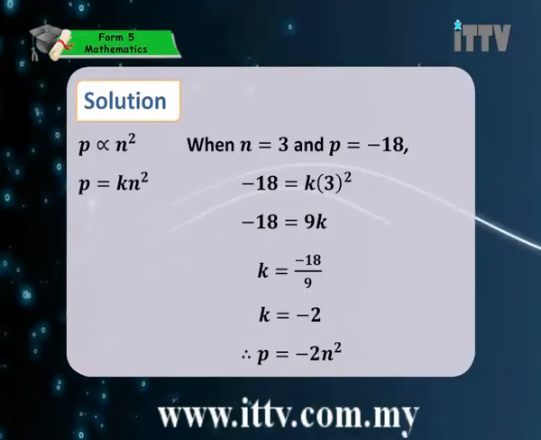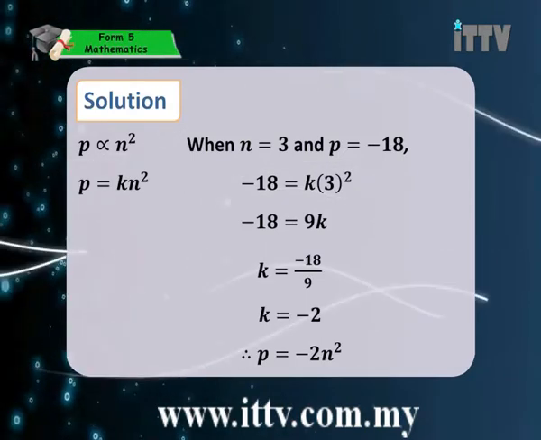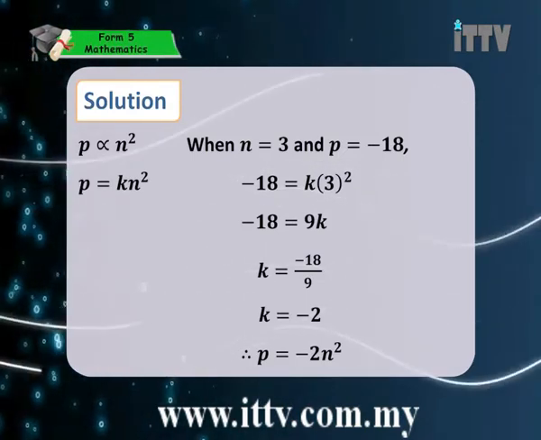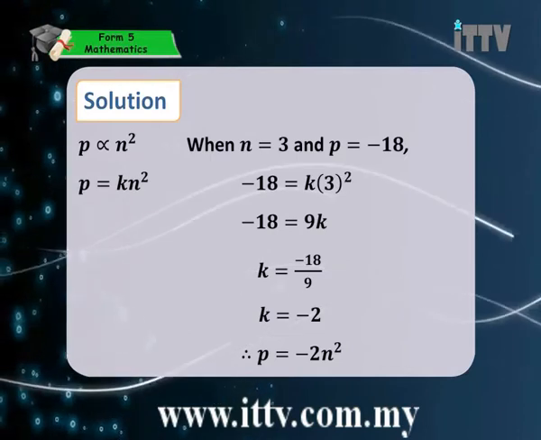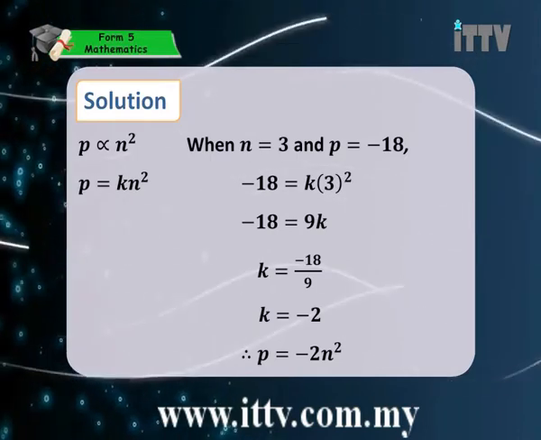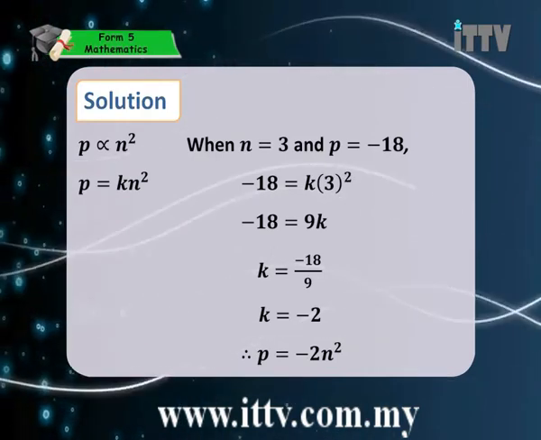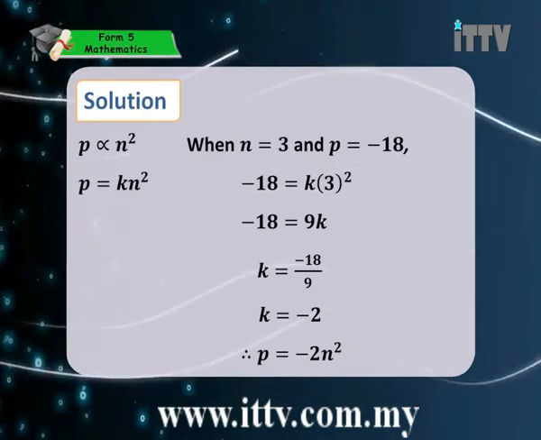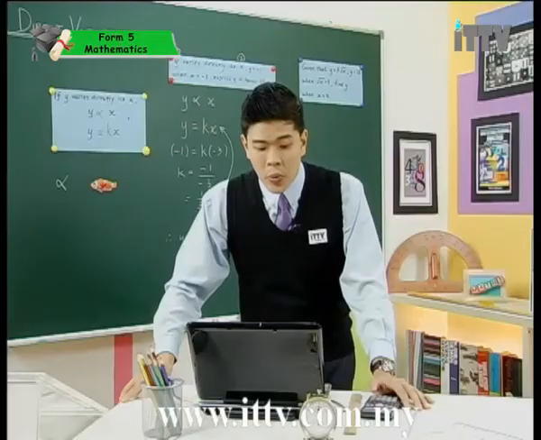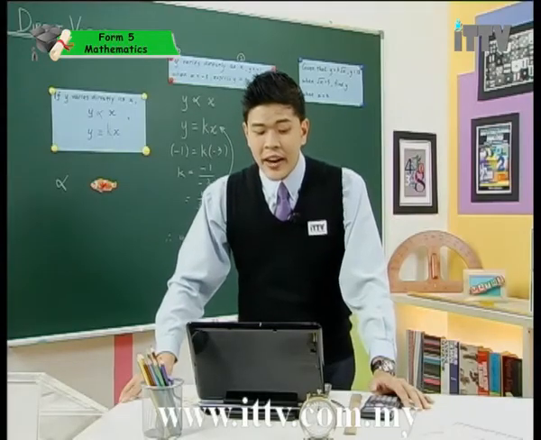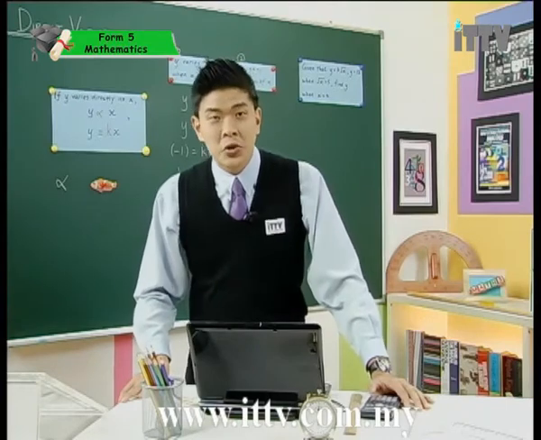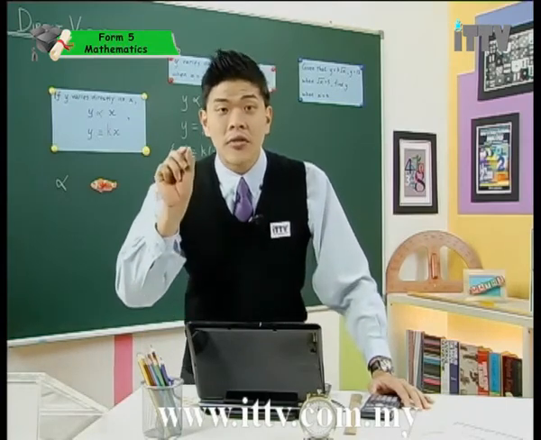The solution. First of all, write it in symbol form. P, it is given, varies directly as n squared, and then change it to equation form. P equals kn squared. Don't forget to put k, because k must always be there. Then find the value of k by substituting the given pair of values.